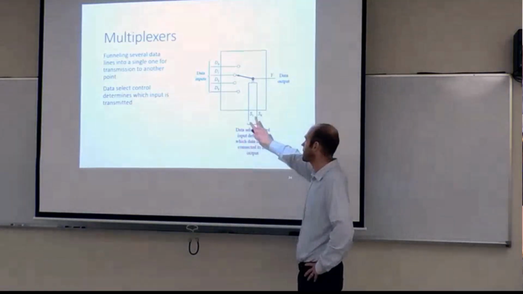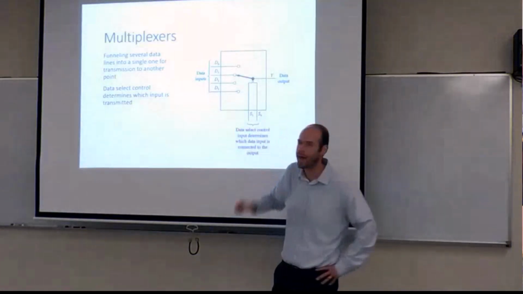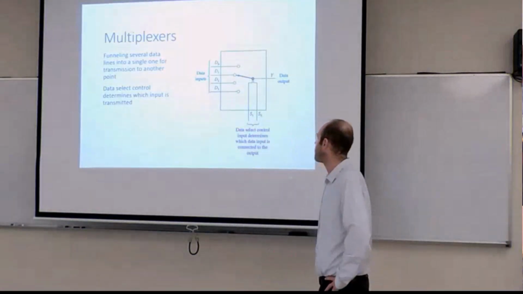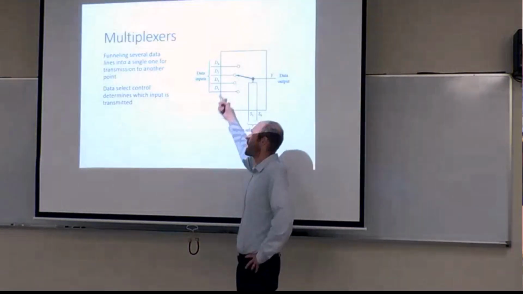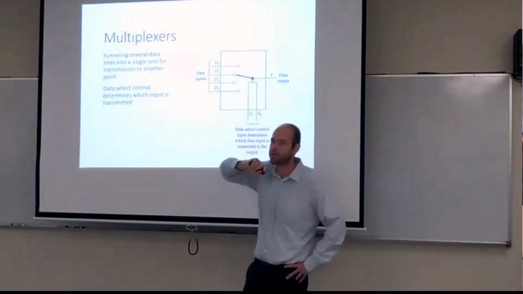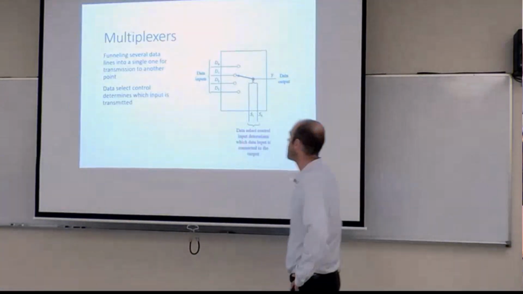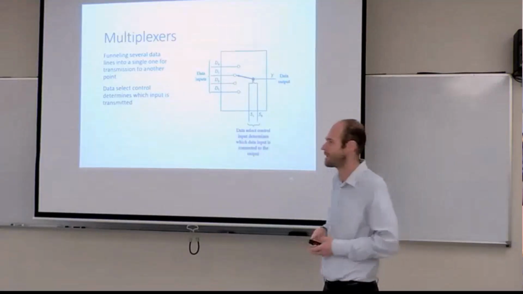There's a selection control, which determines which data input will be channeled to that output. So think of if you're sitting and watching TV, these are all the channels, and you're using the remote to flip through the channels. Only one of them shows on the screen at a time. But a multiplexer lets you choose one of multiple input data channels.